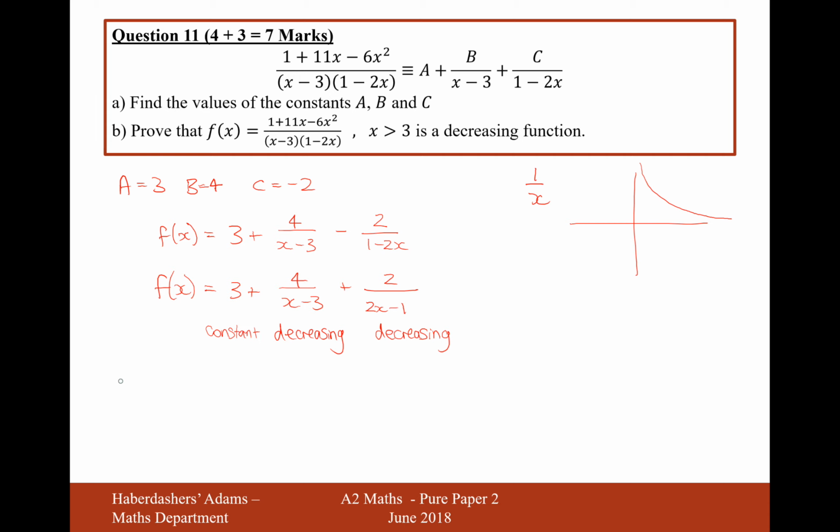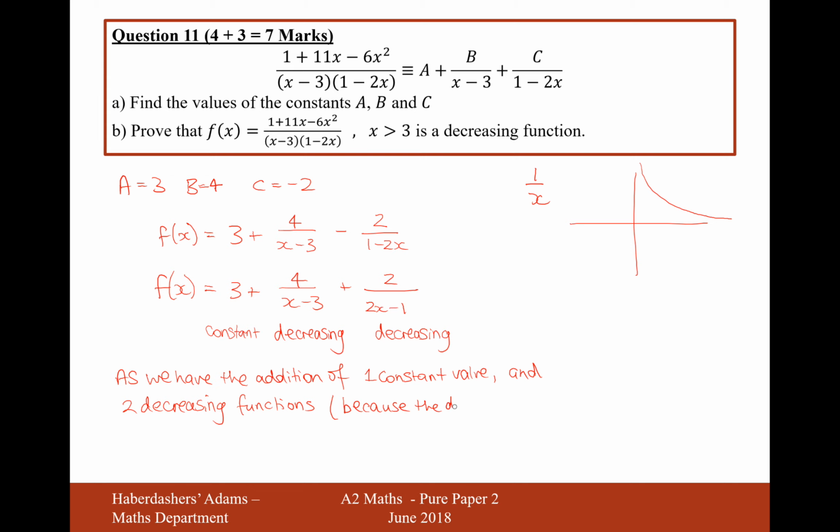So now we can write ourselves a little conclusion, as we have the addition of one constant value and two decreasing functions, and we'll need to explain why it's a decreasing function, because when the denominator increases, the value decreases.